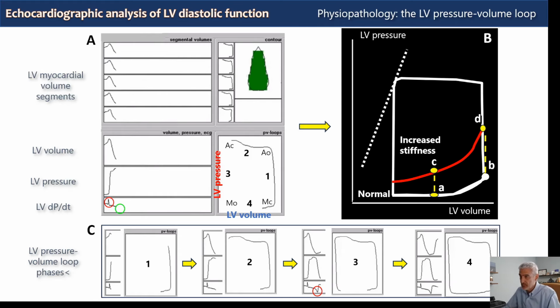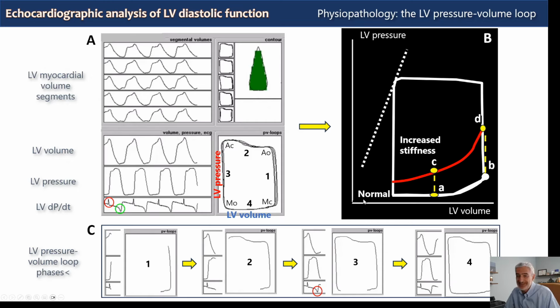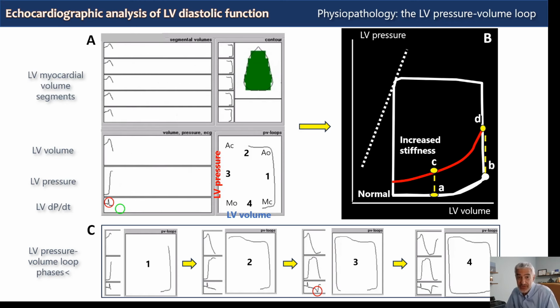This somewhat complex framework is our reference as cardiologists, as non-invasive cardiologists, for all our measurements of diastolic function and dysfunction with echocardiography and pulse Doppler echocardiography. So it is essential to learn these mechanisms, or we will never be able to truly understand what is going on in our array of echocardiographic measurements.